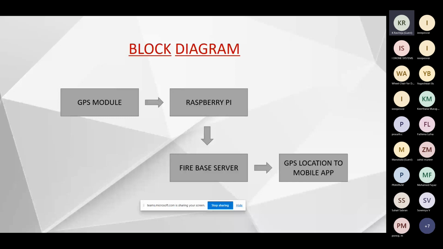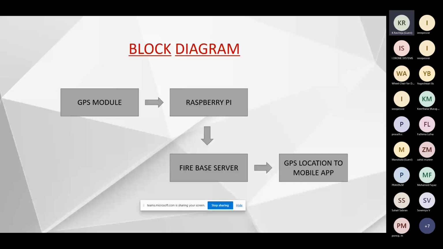The location coordinates stored in this GPS module will be sent to the Raspberry Pi, and the Raspberry Pi receives those location coordinates. In between the Raspberry Pi and the mobile application, we have an online interface server called the Firebase server, which acts as an intermediate for the two applications, the software application and the Android application.